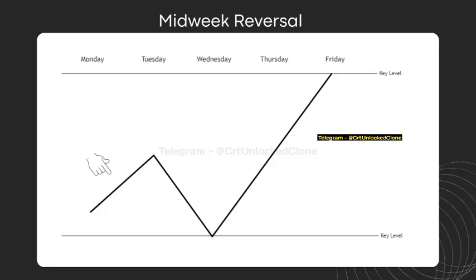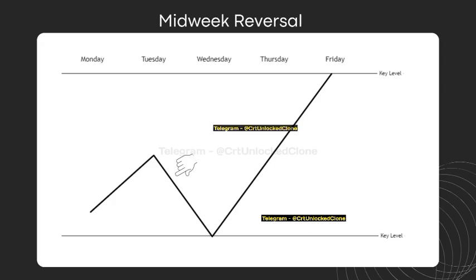Price starts out with a small expansion on Monday, but the nature of this expansion is weak because it originates without testing a higher time frame key level, and due to this nature, the expansion on Monday's candle forms a CRT, right? In most cases it forms a CRT, and then the Tuesday candle happens to be a ranging candle or an inside bar in most cases, right?